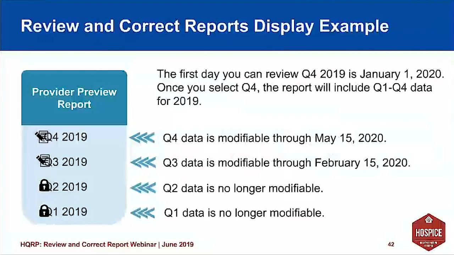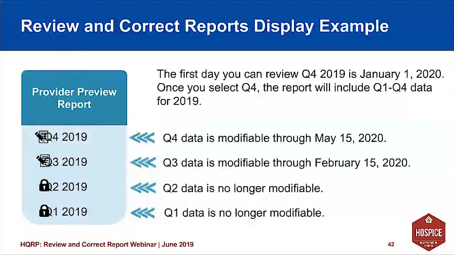Like this one. Just giving an example again regarding when a particular quarter is available on these reports. So the first day you could review, for example, quarter 4 of 2019, that data would be January 1st of 2020 because that's the first day after quarter 4 of 2019 ends.